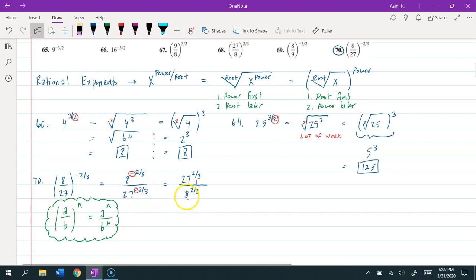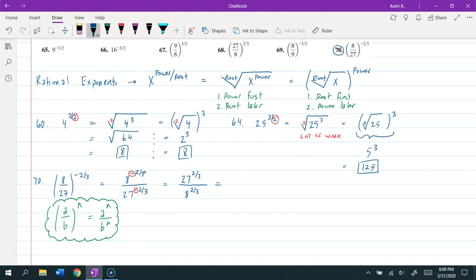People always say, oh, you flipped this. No, we didn't flip it. We just looked at where the thing had a negative exponent, and because the 8 had a negative exponent in the numerator, we brought it to the denominator. Because the 27 had a negative exponent in the denominator, coincidentally, we brought it to the numerator. So like that, right?